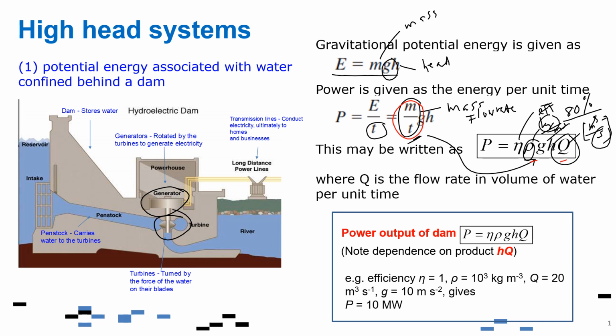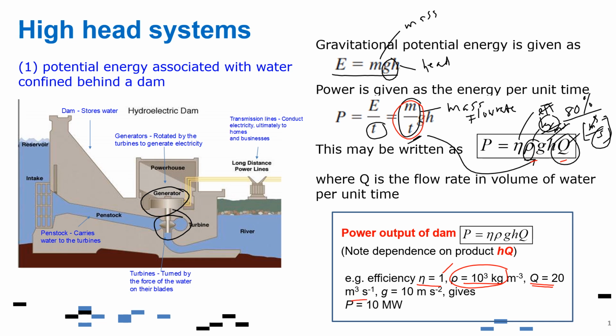As a very simple example at the bottom, we are given an efficiency of 100%, which is just theoretical, and rho of 1,000 kilogram per cubic meter. This is the density of water, which will also depend on the temperature, but generally you can say 1,000 kilogram per cubic meter, and a volume flow rate of 20 cubic meter per second.